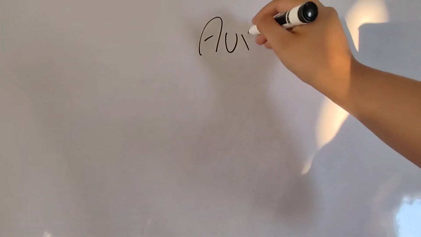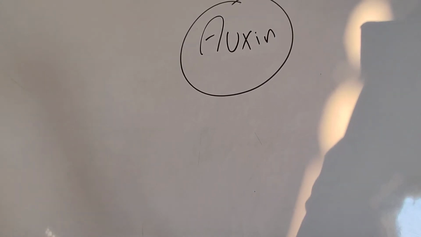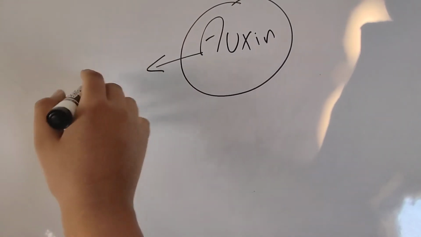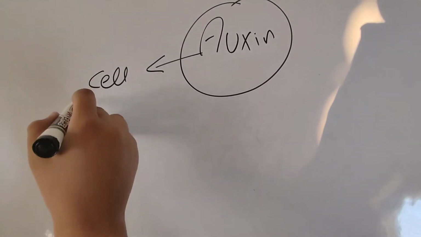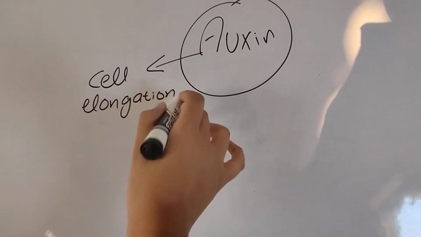Let's first talk about auxin. What are the parameters of auxin, or what does auxin do in plants? The first one is cell elongation. You must have seen the auxin. This is the dwarf plant.